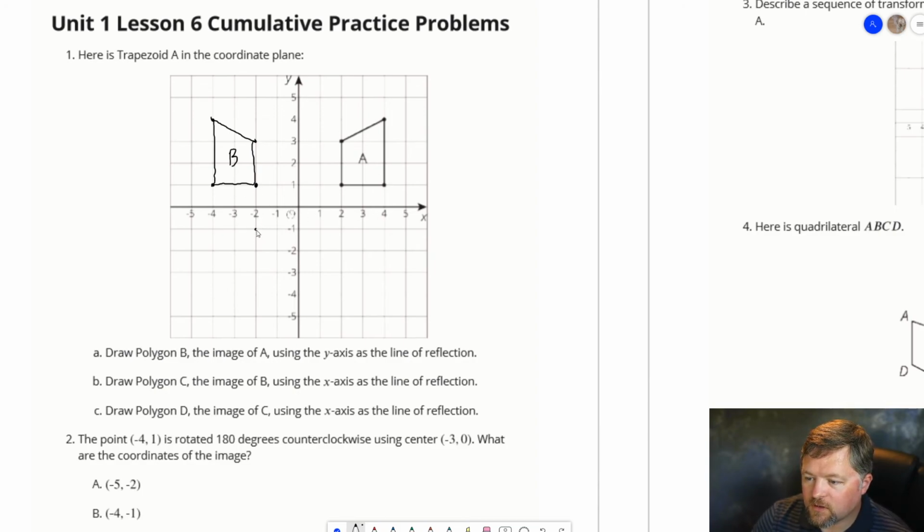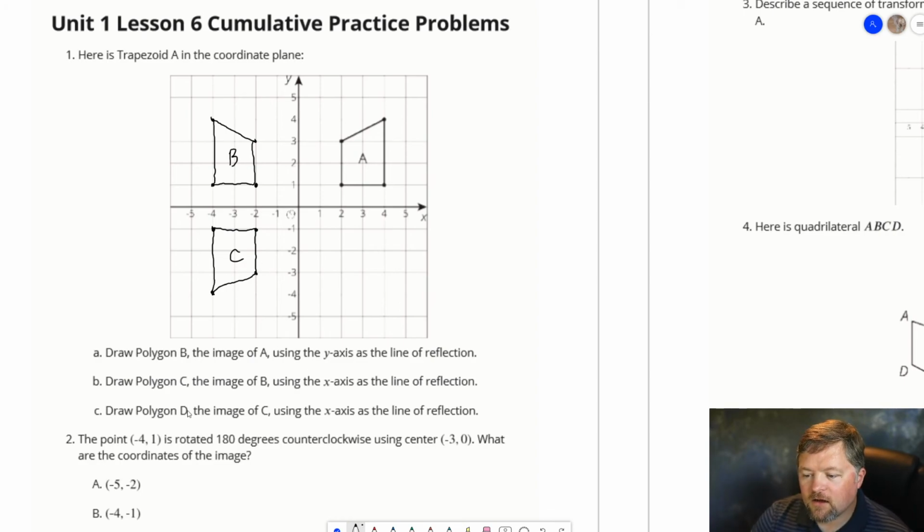So 1 unit down, 3 units, 4 units. So that is polygon C.